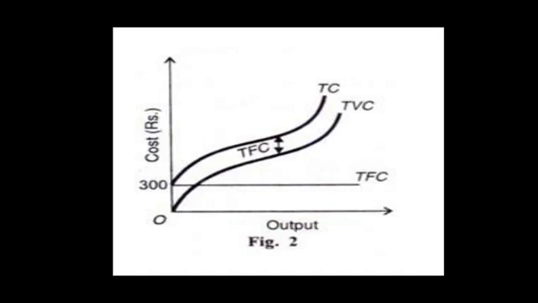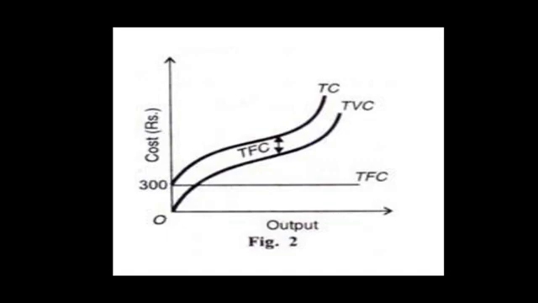Dear students, as we know that total cost curve is the aggregate of total fixed cost and total variable cost curves, and it is obtained by adding up vertically total fixed cost and total variable cost curves. Hence, total cost curve lies above the total variable cost curve.